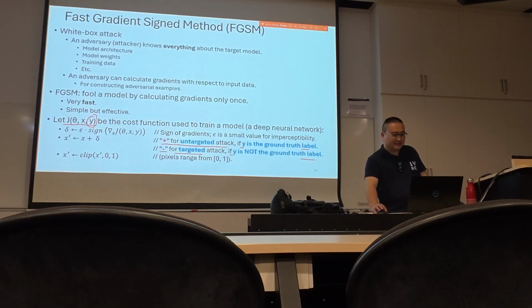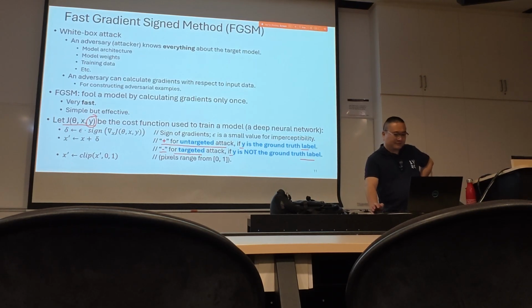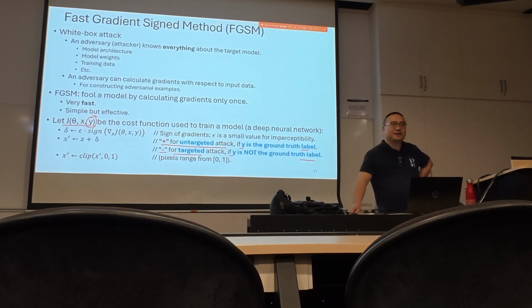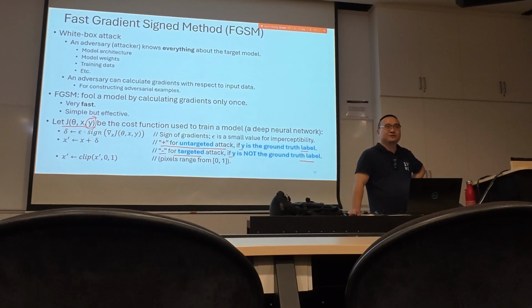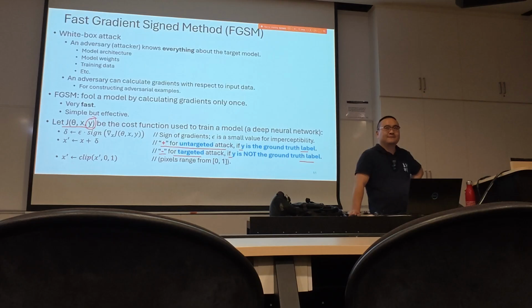For targeted attacks, given the image of a panda, the model says a panda. Although this is true for the model behavior, from the perspective of attacks we want the model to say this is a dog. From this perspective, the model is actually making a big error, because the model is not predicting dog. The model still says this is a panda.